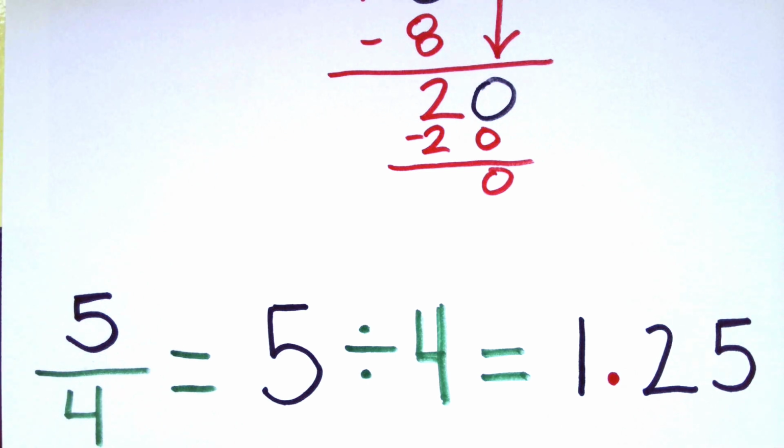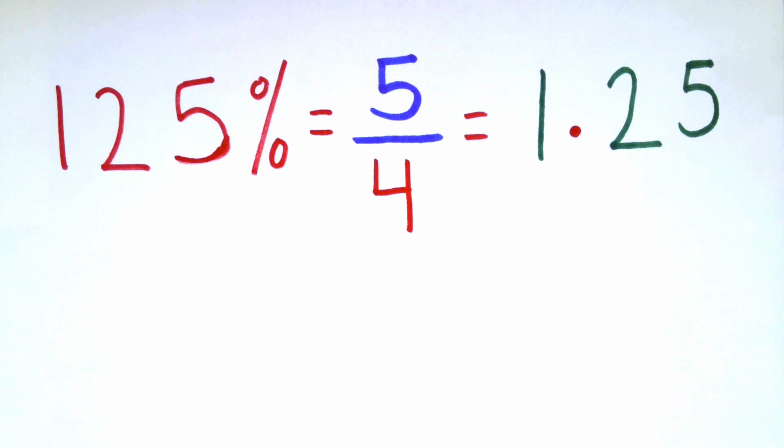So in our final conversion, you can see that 125% is equal to 5/4, or 5 over 4, which is equal to 1.25.